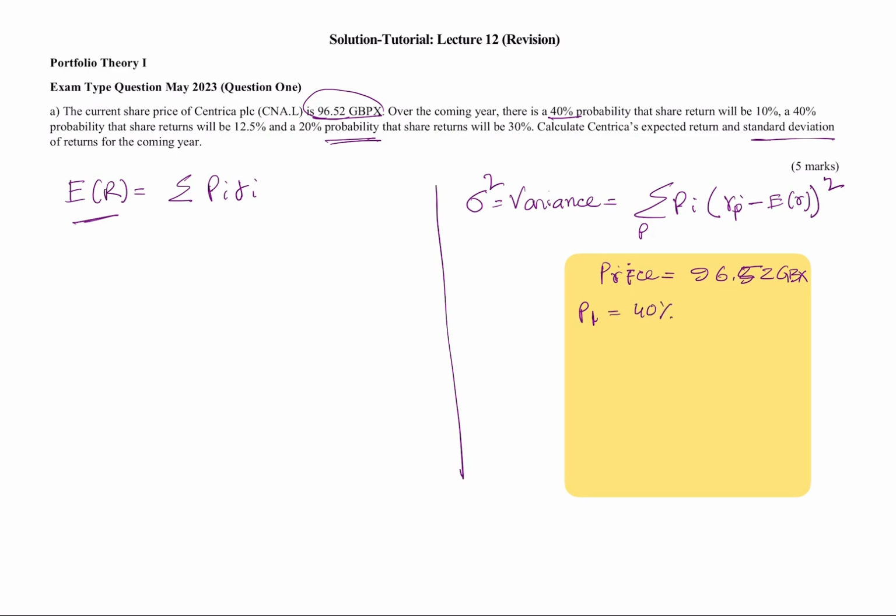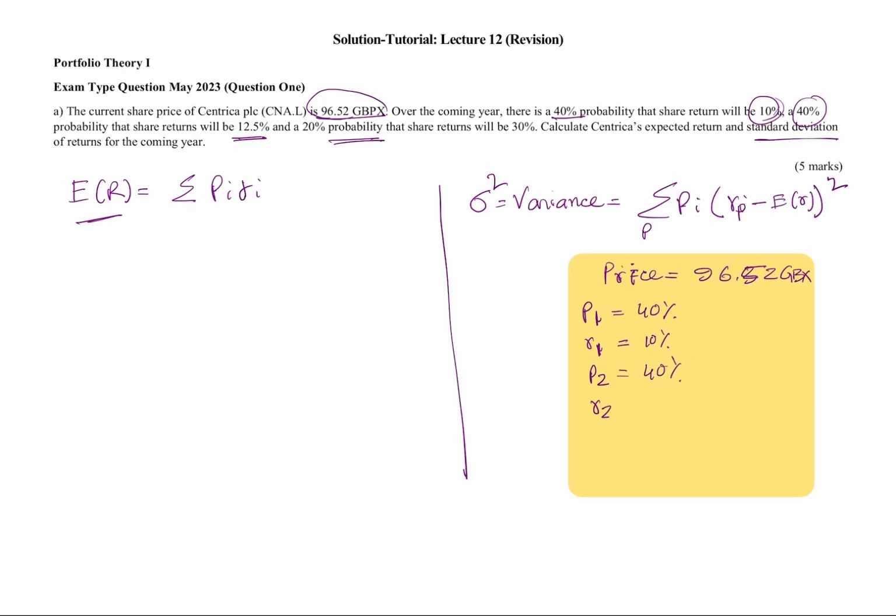And the share return will be 10%. So in that particular state, R1 will be 10%. And the another 40% chance, which is P2 equal to 40%, the share return will be 12.5%, so R2 equals 12.5%.